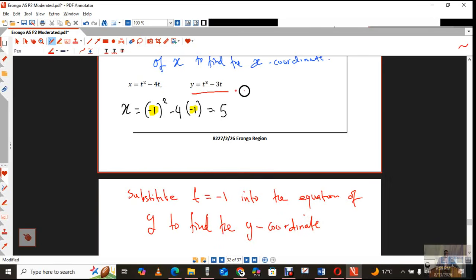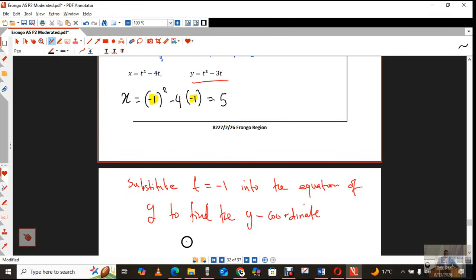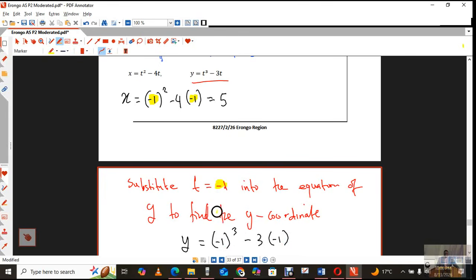So my y is this one over here. So that is going to be y equals t cubed minus 3t. And we are substituting -1 respectively. Okay, that's what we do. Substitute that. And what do we get? Well, that is negative 1 plus 3, which is 2.